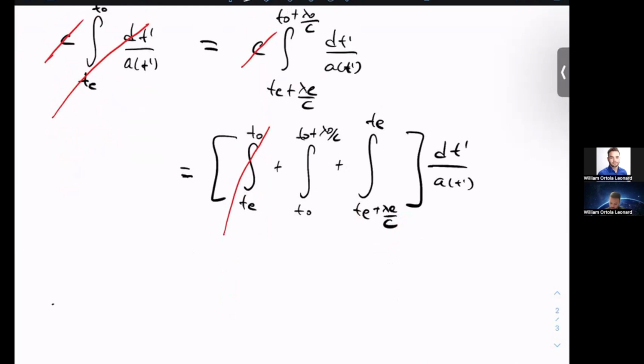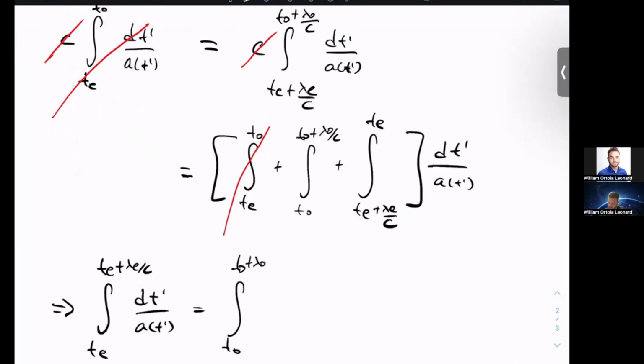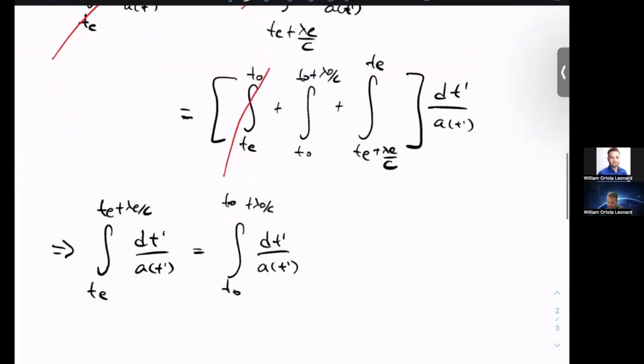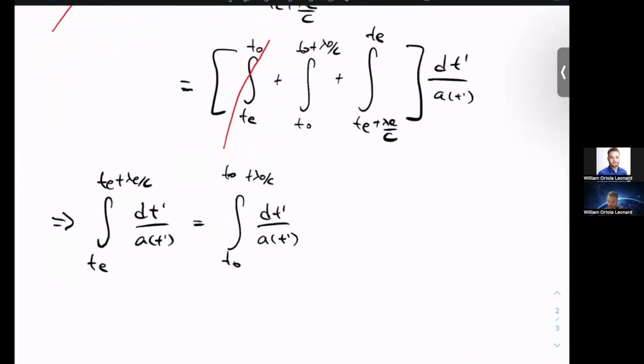And what we're going to obtain is the integral between TE and TE plus lambda E over C of dt prime over A(t prime) equals the integral between T naught and T naught plus lambda naught over C of dt over A(t prime), okay? All right, so that's the result that we get for now, okay?